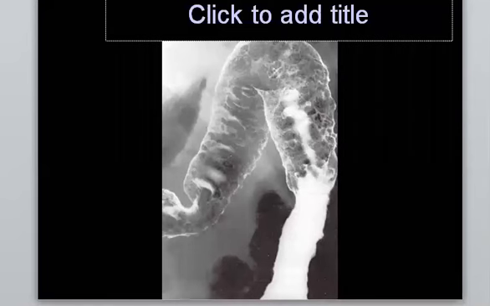Let's go to another case, which is differential sure. Yeah. So differential could include, yeah, ulcerative, yes. What else? Infectious colitis, Marwa, perfect.